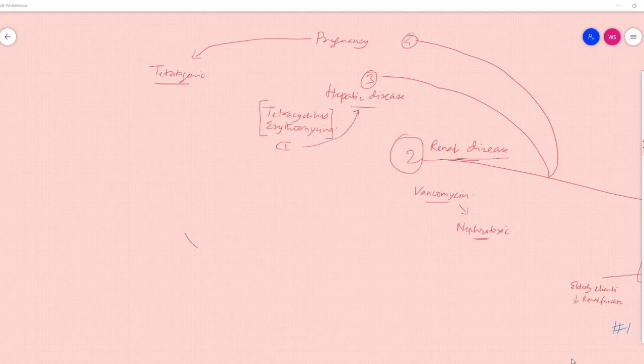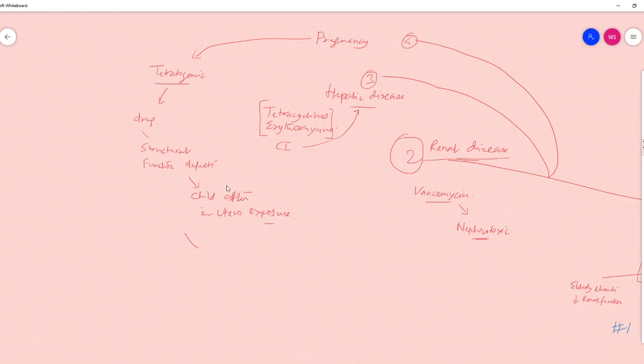Teratogenicity is when the drug causes any structural or functional defects in the child after in utero exposure.